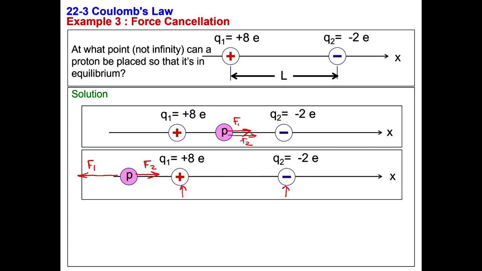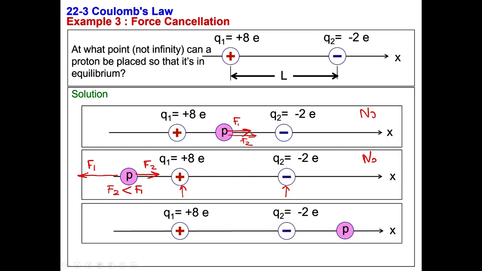So F2 will always be smaller than F1, and they will not be able to cancel. This is clear, because the heavier charge is closer. So the force from the larger charge is going to be stronger than the smaller charge that is further away. So they cannot cancel in this situation. No canceling.